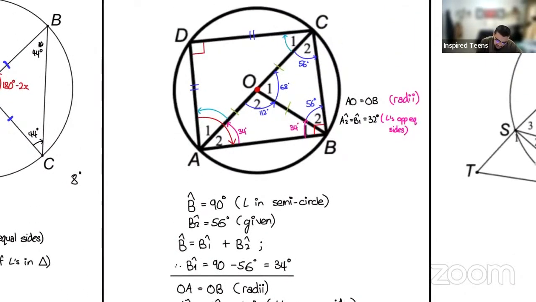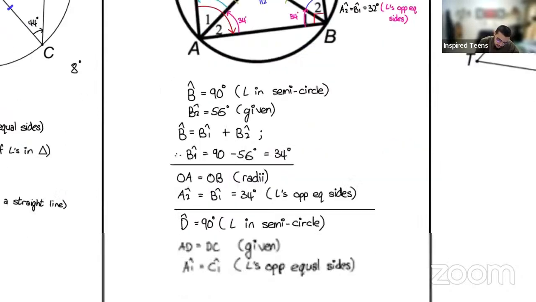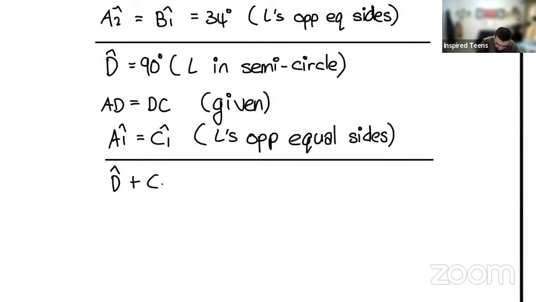So you can either say in triangle ADC, that's not compulsory. But what I'm going to say is angle D plus angle C1 plus angle A1 is equal to 180 degrees.